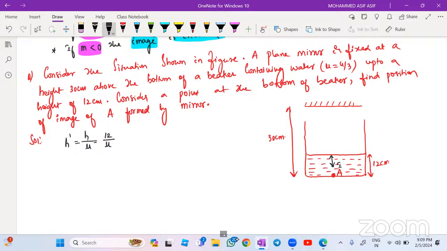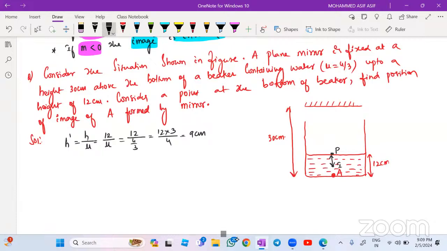This is some point, the image I, and this is P. So P to I is 12 by mu, which is 12 divided by mu. Mu is equal to 4/3, so it is 12 into 3 divided by 4, which is equal to 9 centimeters. That means what is the distance of the image I from the mirror?